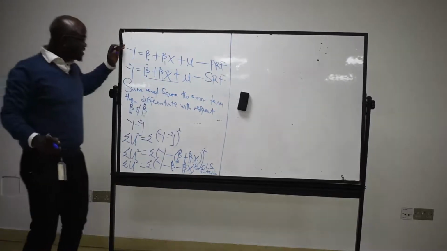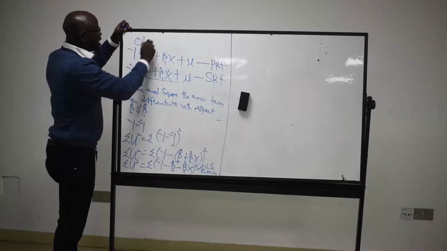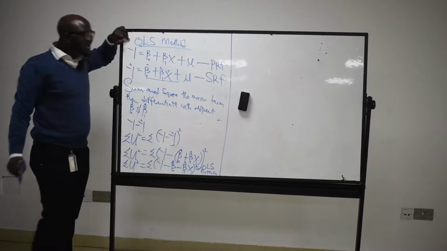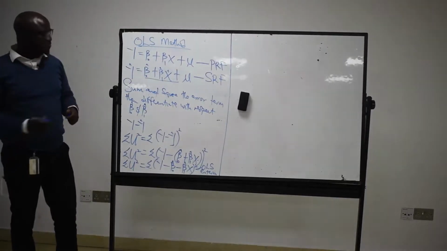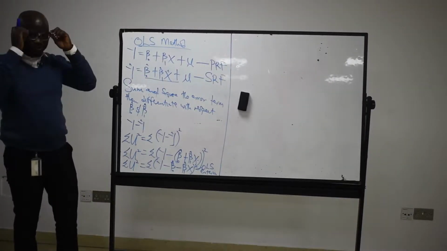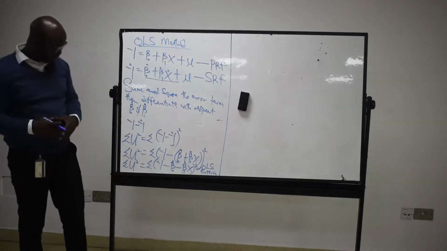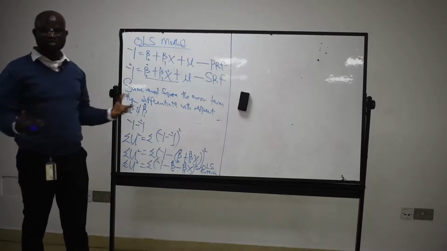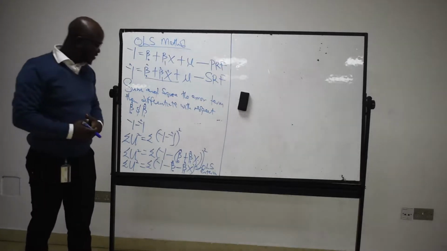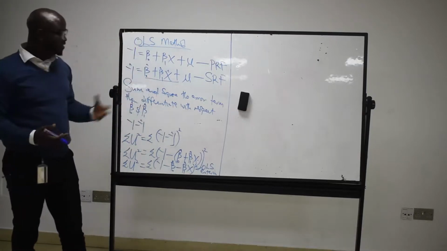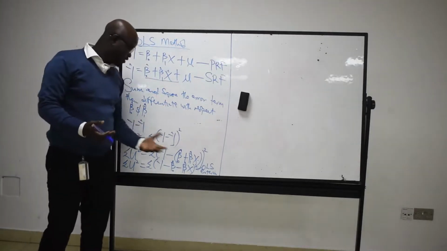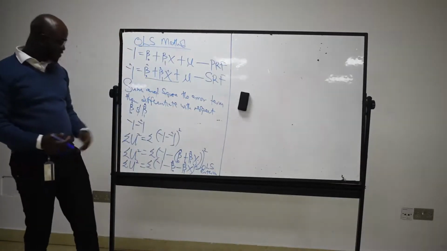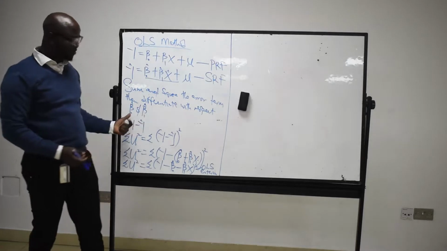The method we are using here is called the OLS method, ordinary least squares method, right? It is one of the important and most used methods in solving regression analysis, or to obtain the parameter formulas. So we call this the OLS criterion. From the OLS criterion now, let's differentiate with respect to beta naught and beta 1.